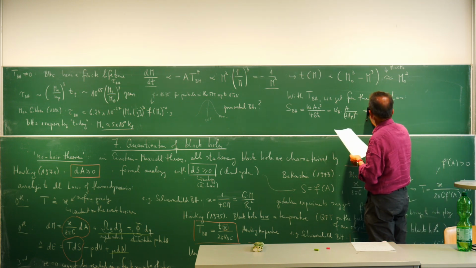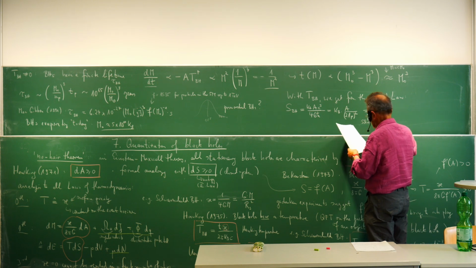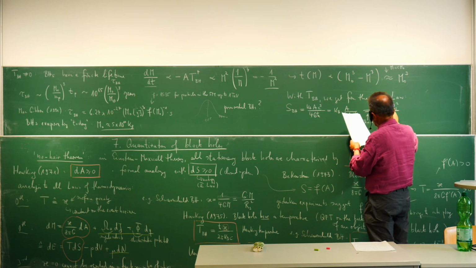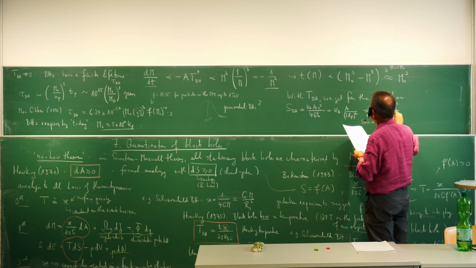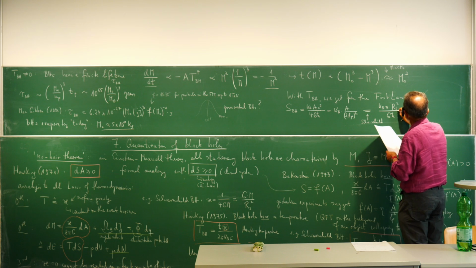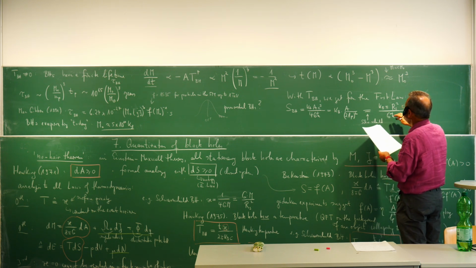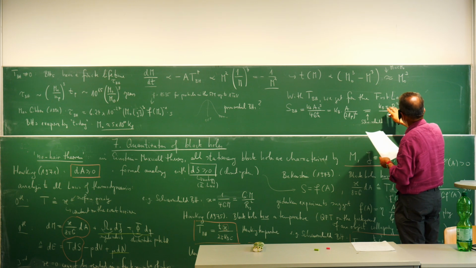Okay, for Schwarzschild, this is k_B pi Schwarzschild radius squared over G h-bar. Maybe I have here a c cubed, okay, there could be maybe c equals 1 here.